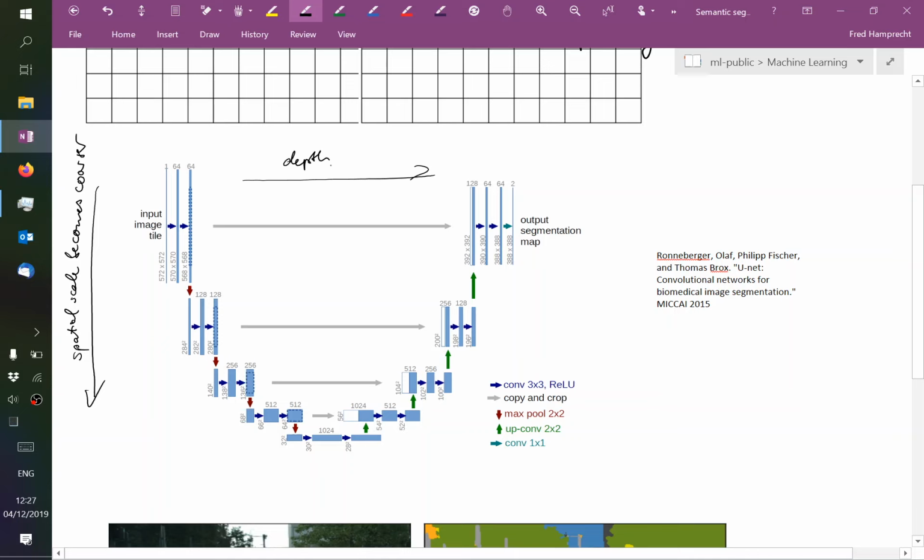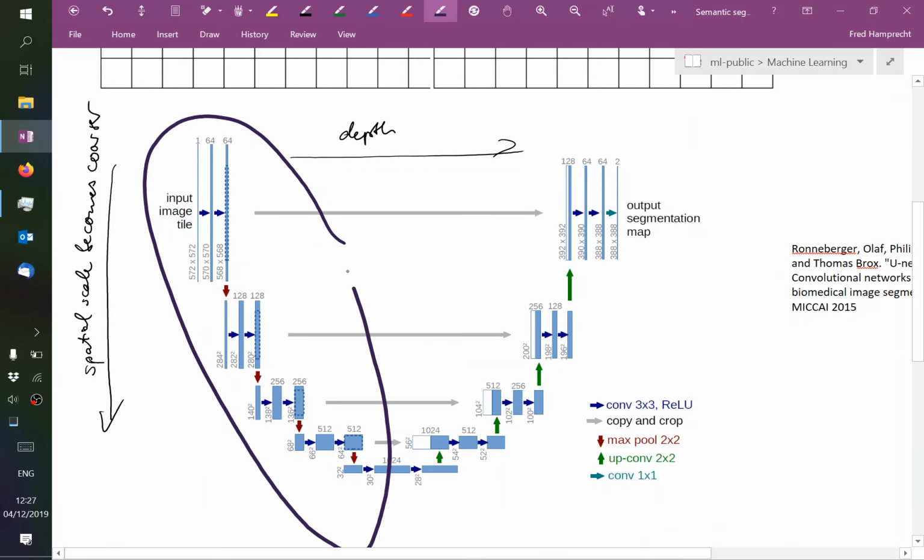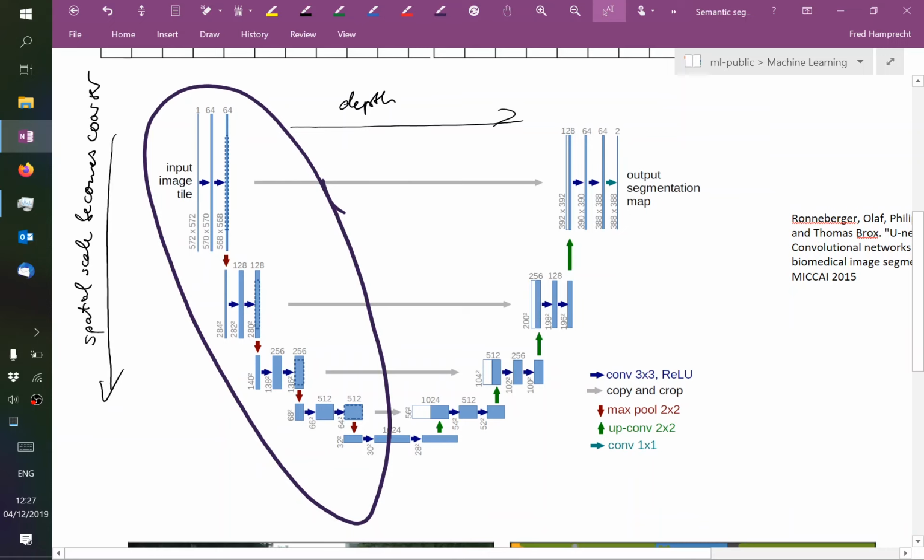So if we just look here at this part, it's pretty much the same thing, in principle at least, as we saw in the VGG 16. So we keep decreasing the spatial resolution, we sacrifice spatial resolution, and we increase the number of channels.